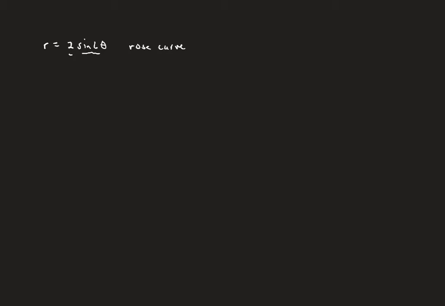So the largest that this value of R can ever be is 2. So you can, at least in your mind, visualize that the furthest away from the pole our graph is ever going to be is a circle of radius 2. So you would set your x-min and x-max from -3 to 3, and -2 to 2 on the y-min and y-max.